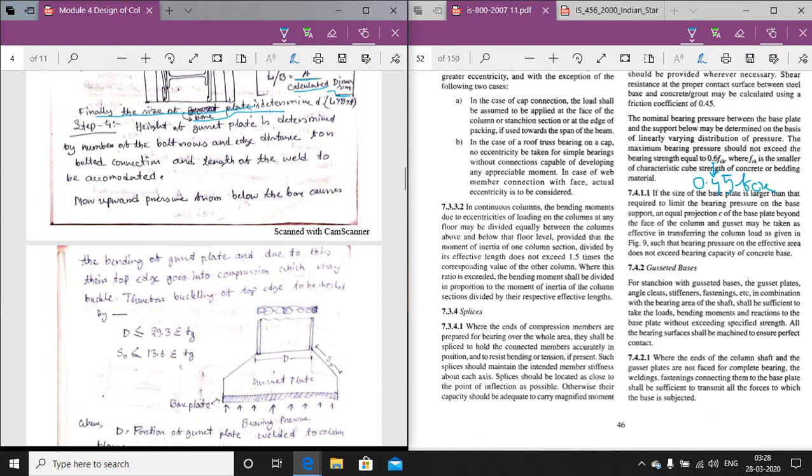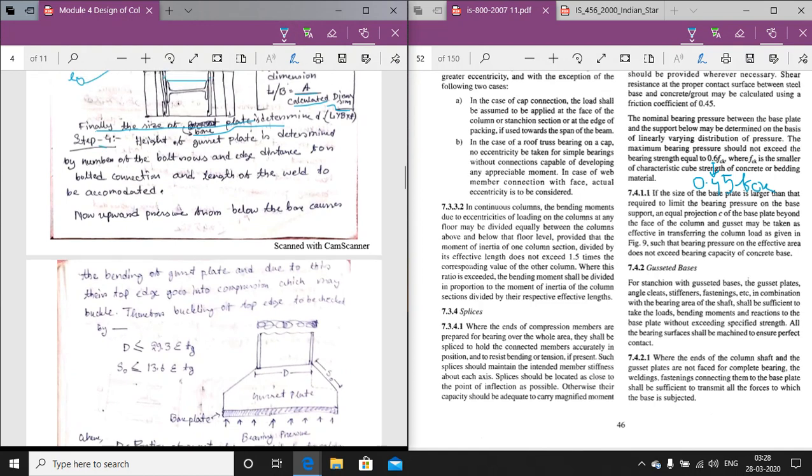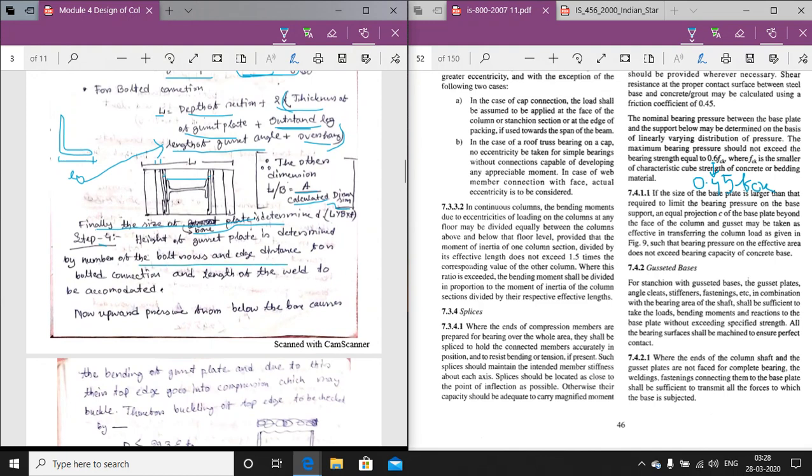Now step 4 states that the height of the gusset plate is determined by the number of bolts and the edge distance for the bolted connection, and the length of the weld to be accommodated. That means if this is the bolted connection, and this is the gusset plate, then the height of the gusset plate will be calculated depending upon the edge and the pitch of the bolt.